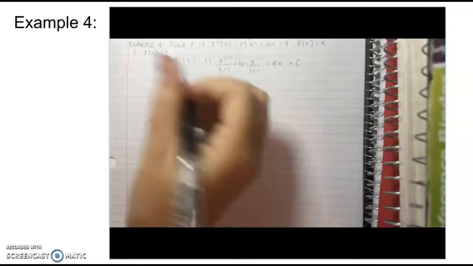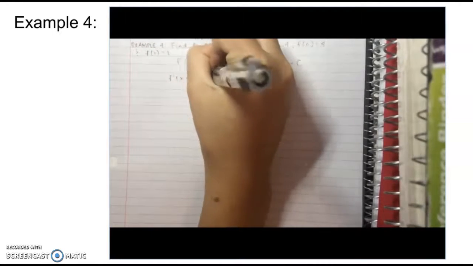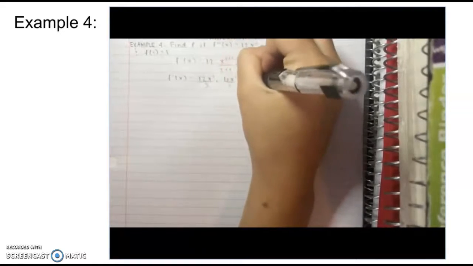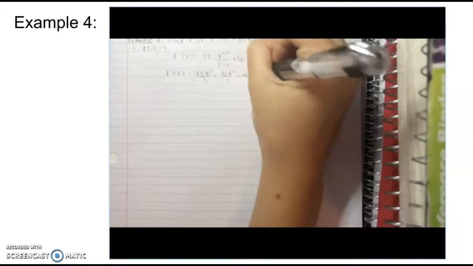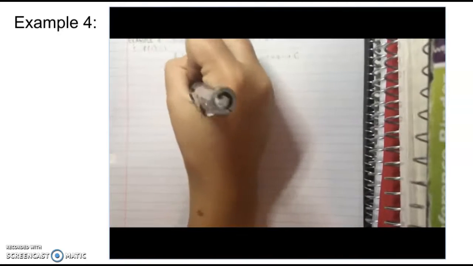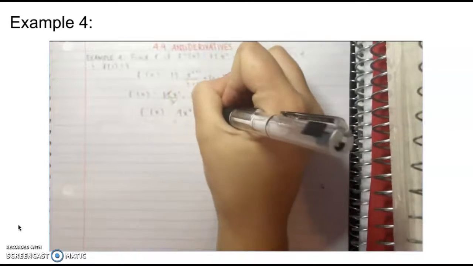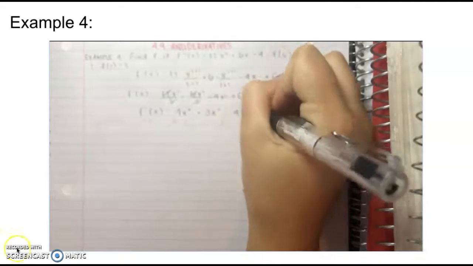Now to simplify this, we get 12x cubed over 3 plus 6x squared over 2 minus 4x plus c. We can cancel those, which gives us f prime of x equals 4x cubed plus 3x squared minus 4x plus c.